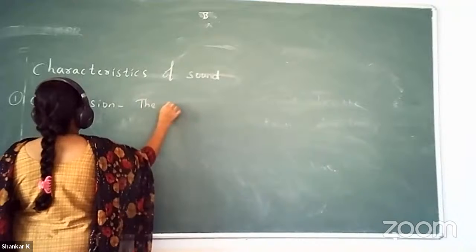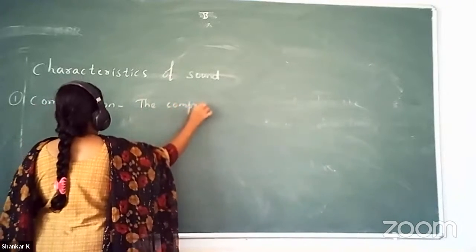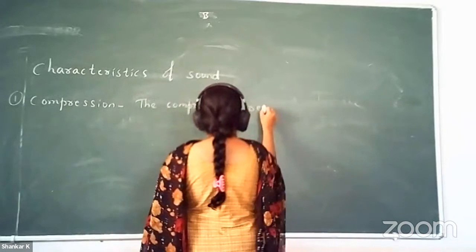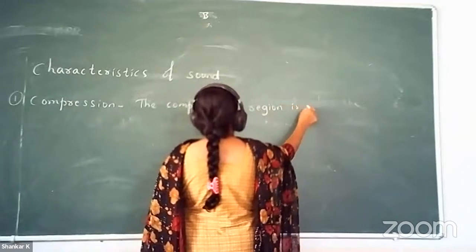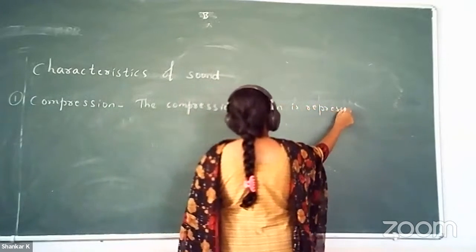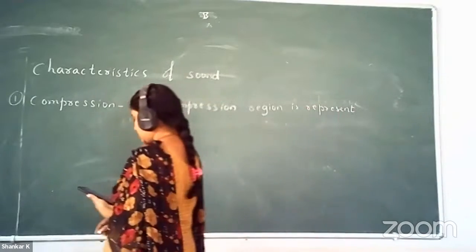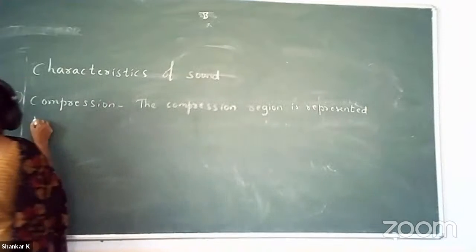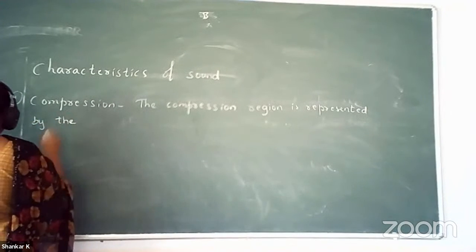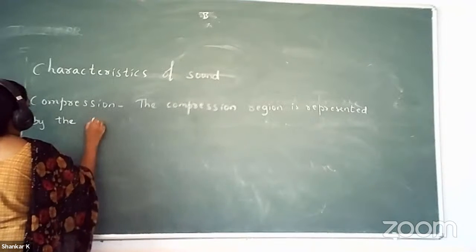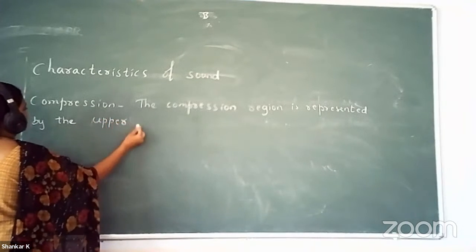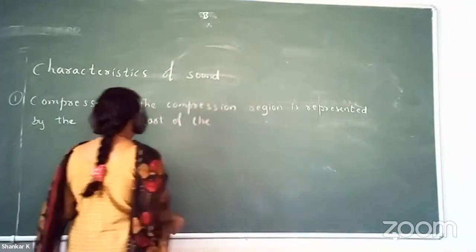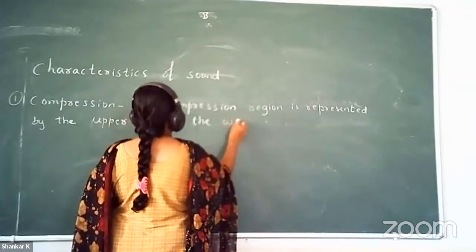The compression region is represented by the upper part of the wave curve.